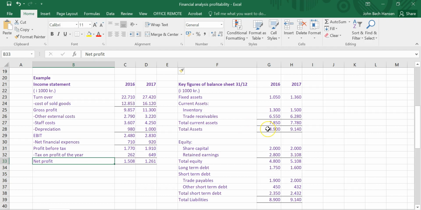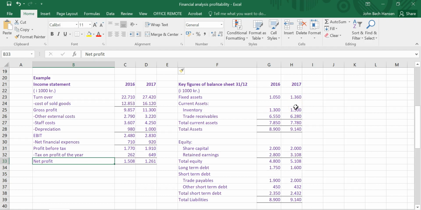Sometimes we also take the average of the starting point and the end of the year. So for instance, if we would take 2017, the starting point of 2017 would be ending 2016, plus ending 2017, divided by 2, and then we have the average of 2017.